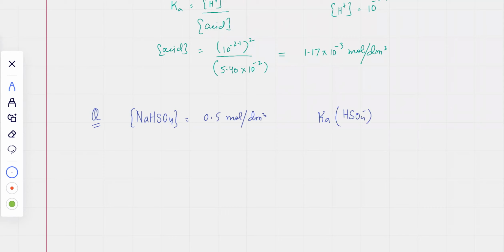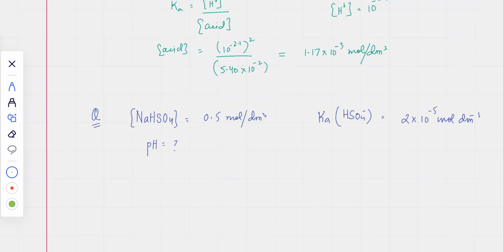The K value for that is 2 times 10 power minus 5 mole per dm cube. And they're asking me to find the pH of this acid.